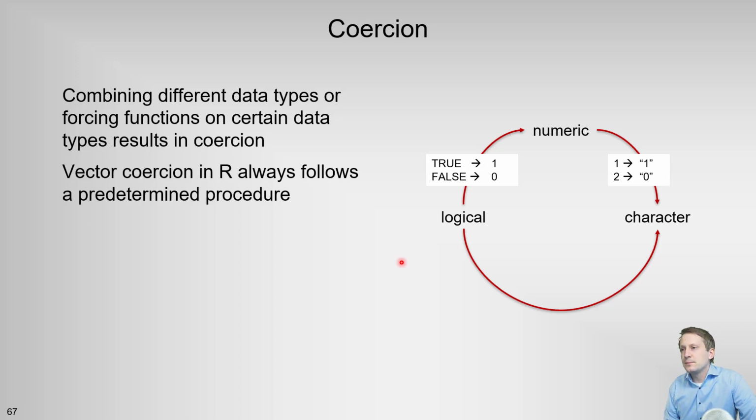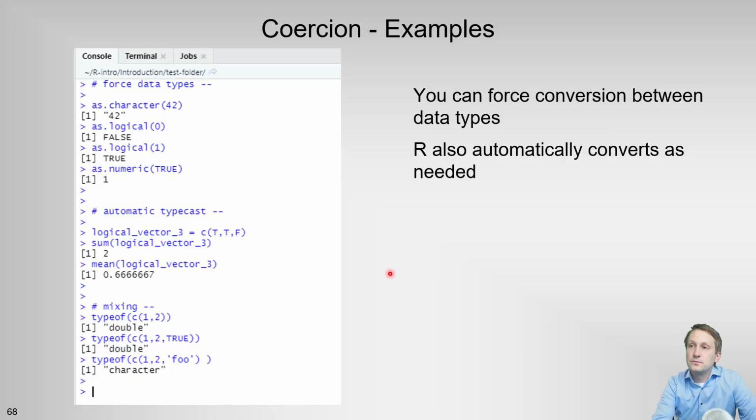If you combine something numeric with something character, well, then you can convert the 1 to a character 1 and a 2 to a character 2. So let me show you some examples to make this a little bit more clear. 42 by default would be a numeric.